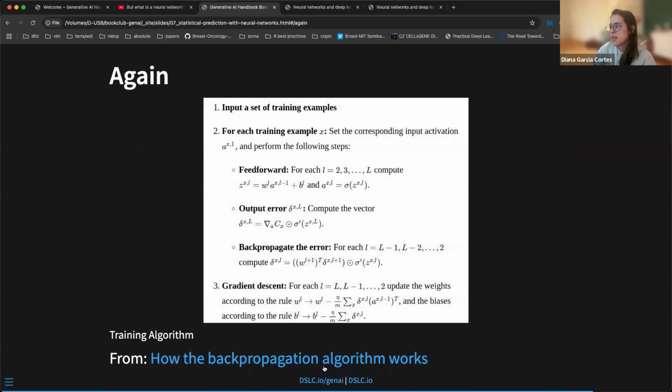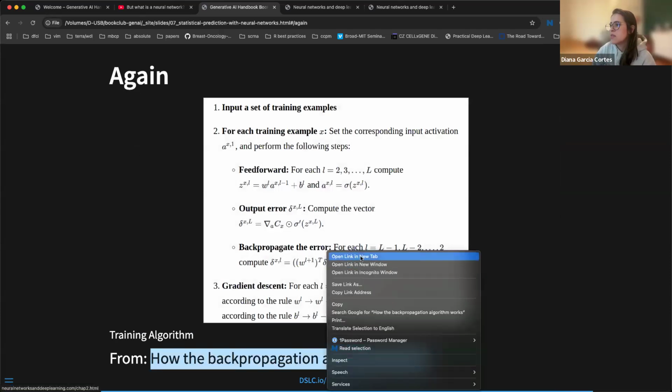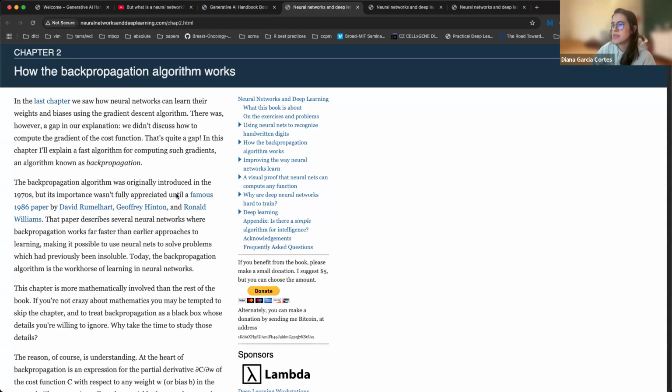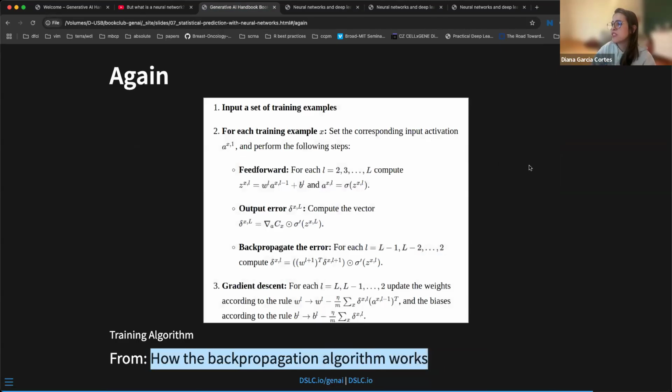So in this resort, the one that I said was really good, again, we have the algorithm right here. We get the input from one of our training examples. We have our activation function on each of the neurons, and we do the feed forward pass.